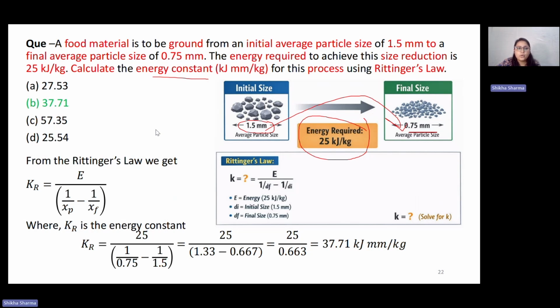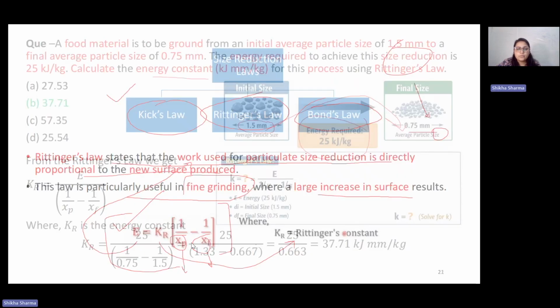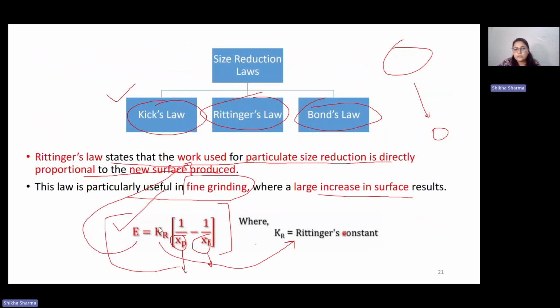As we already discussed, this is the Rittinger's law: E equals Kr times (1 upon Xp minus 1 upon Xf). From Rittinger's law, we can get the value of this Kr.